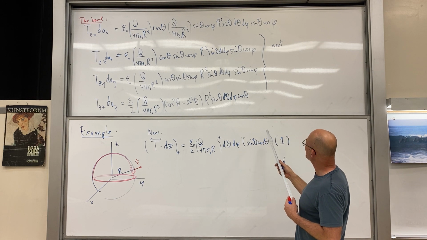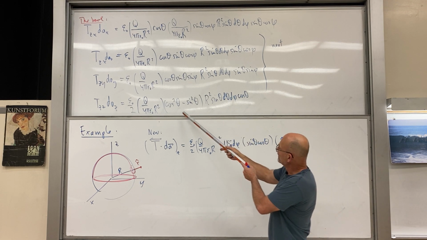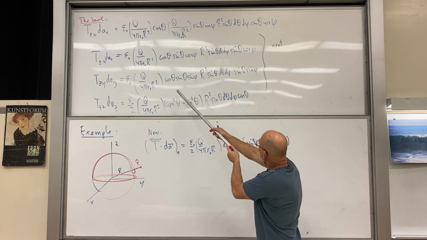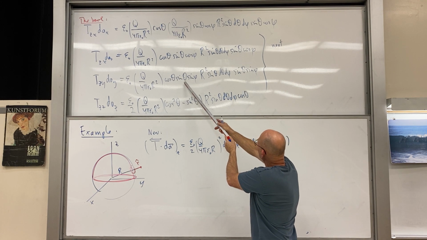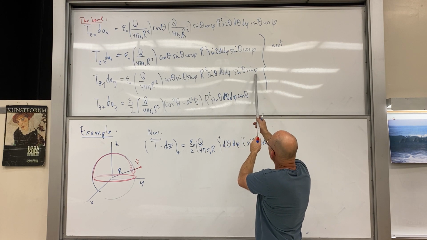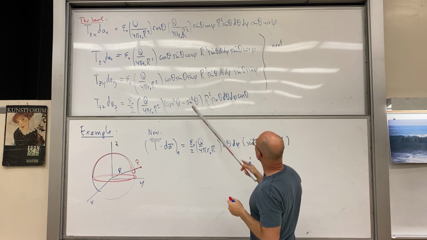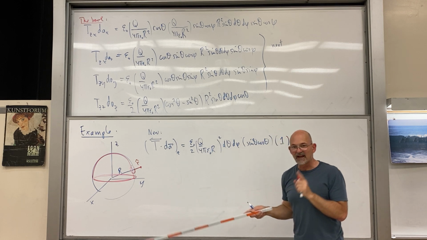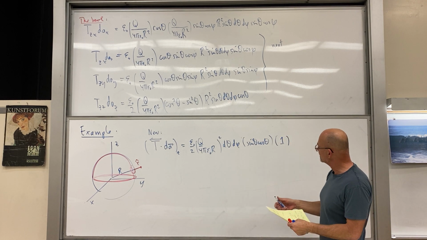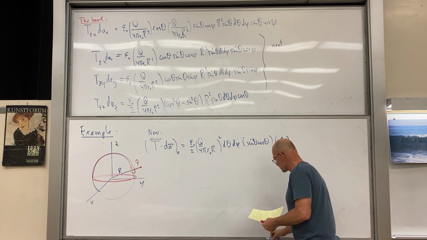I was wondering if I could see it immediately. Well, you've got cosine squared theta minus sine squared theta, sine theta cos phi. You've got sine theta, you got sine squared phi, cosine squared phi. You guys have a look at it. Go ahead and do it. It's actually just one more line. I'm tempted to write it down here. So here's what I'll do. I'll write it in red.